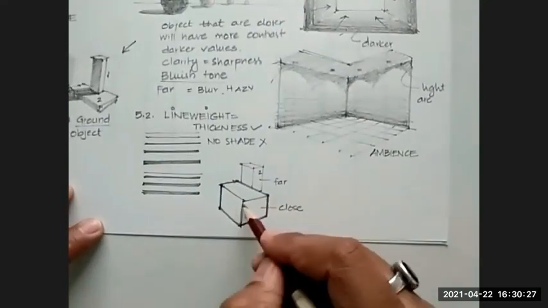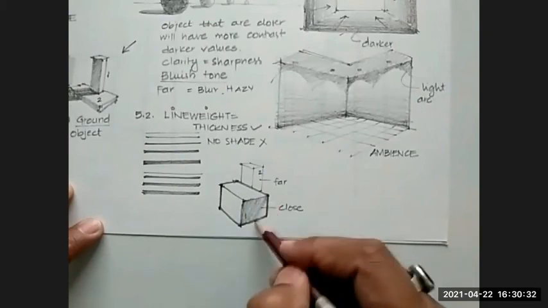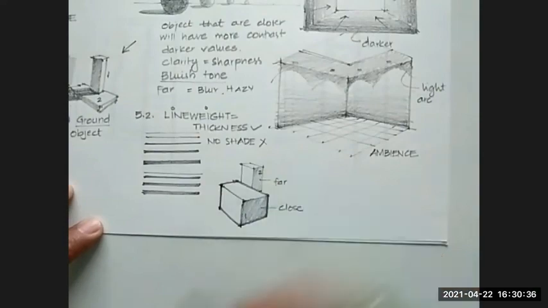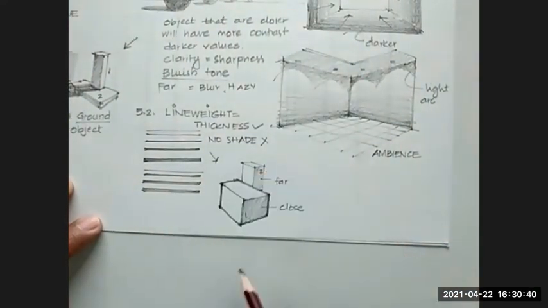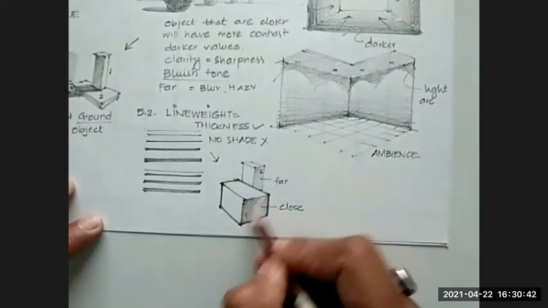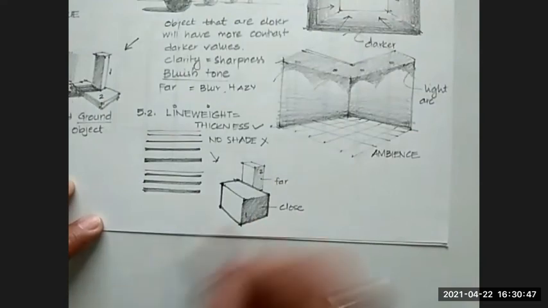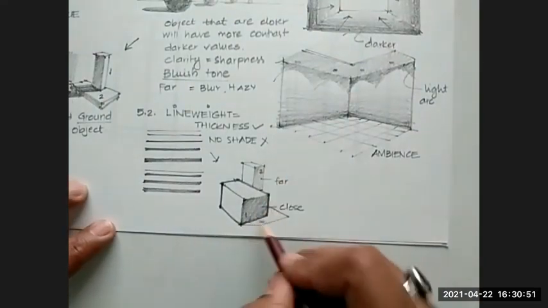I can add one more layer of shading. Both the surfaces receive the light. It is coming from here. I have immediately changed the tonal value. This appears darker and this is slightly smaller. And I'm going to show you the shadows.